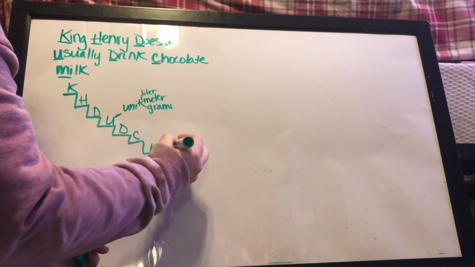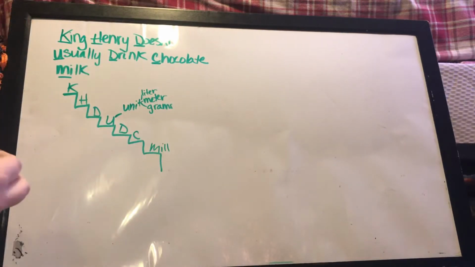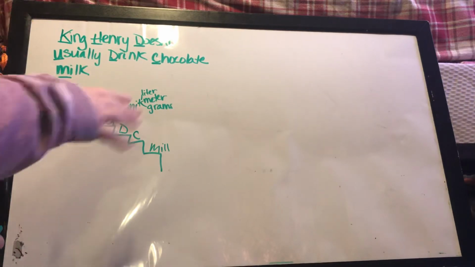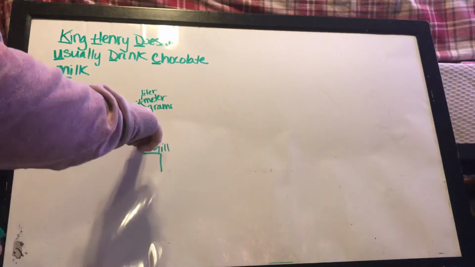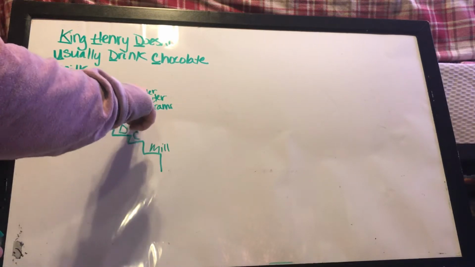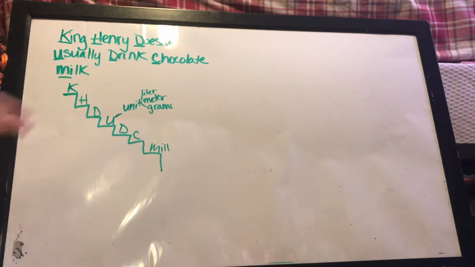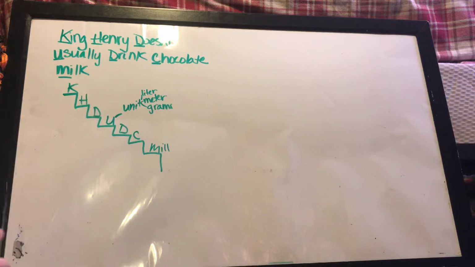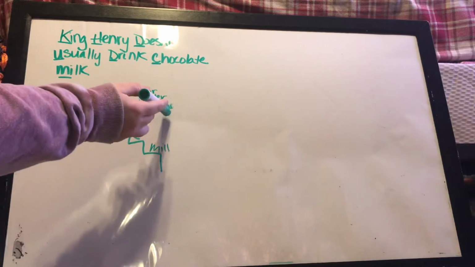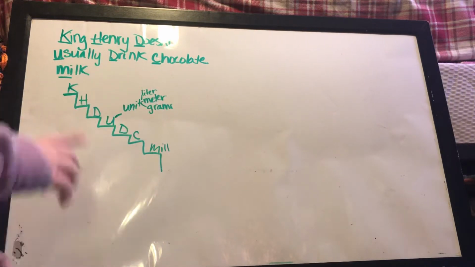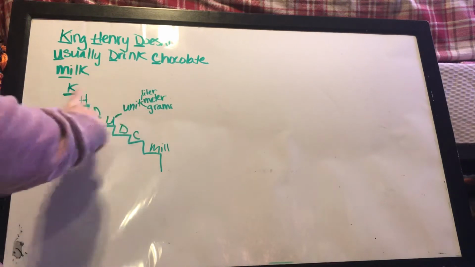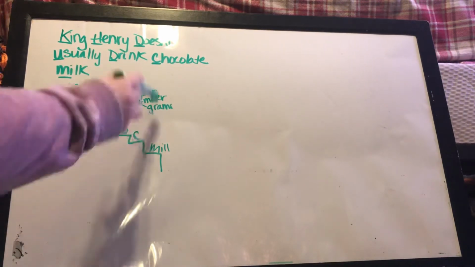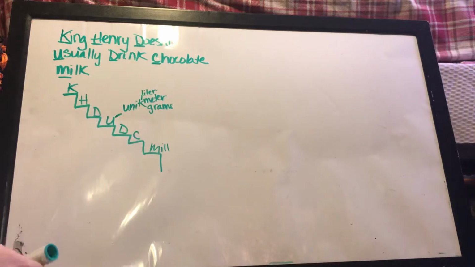That's your mil, like millimeter, milliliter, milligram. So if you have the metric system written out and they have a letter by itself, like a G, an M, or an L, that tells you that that's your base unit, your liters, your meters, or your grams. And so the ending of each of these steps can be changed out by the unit that you're using. So kilometer, kiloliter, kilogram, millimeter, milligram, milliliter.